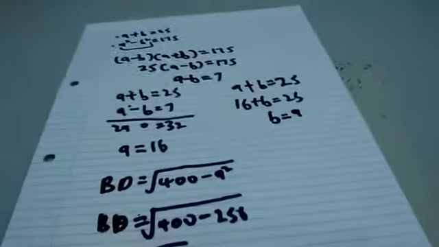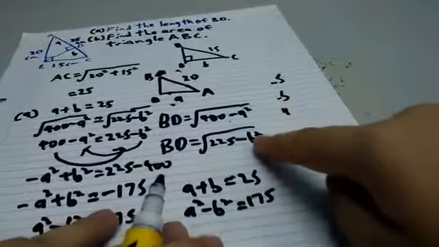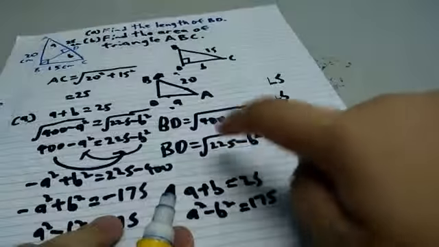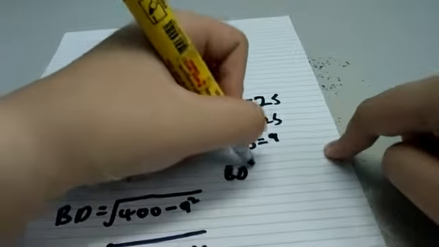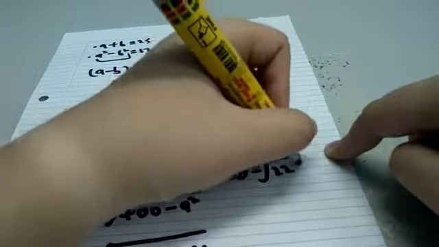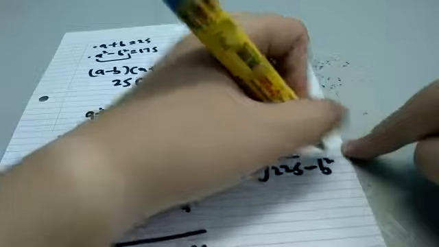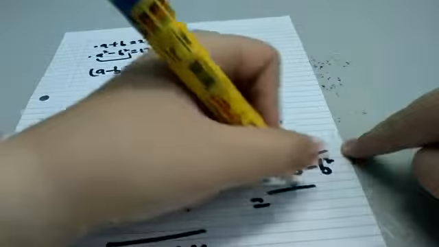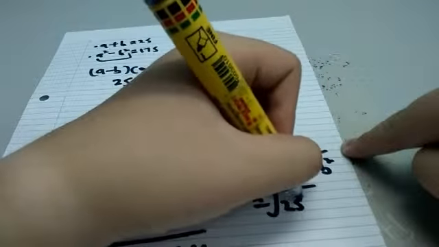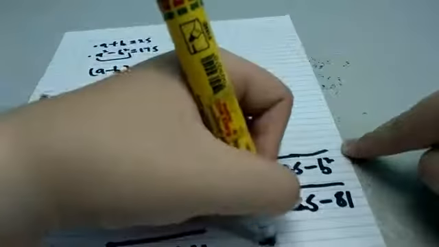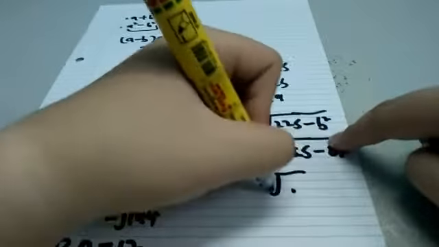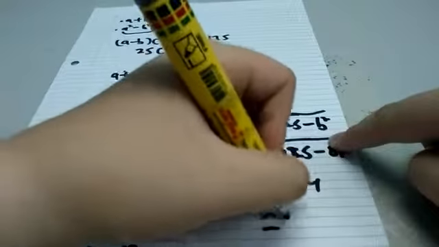And then I'm going to take this length of BD in terms of b into here. So BD is equal to the square root of 225 minus b squared, which is the square root of 225 minus 81, which leads to the square root of 144, which is equal to 12.